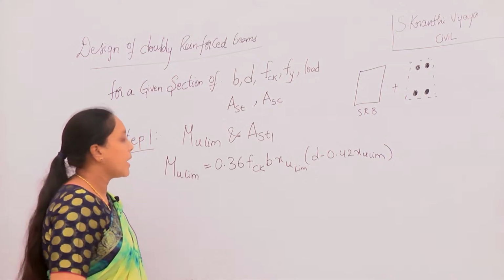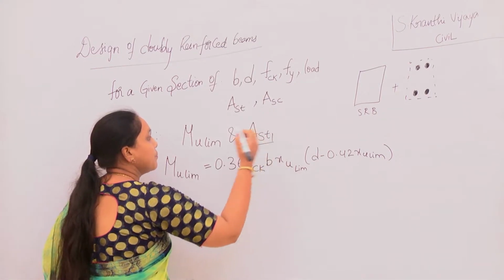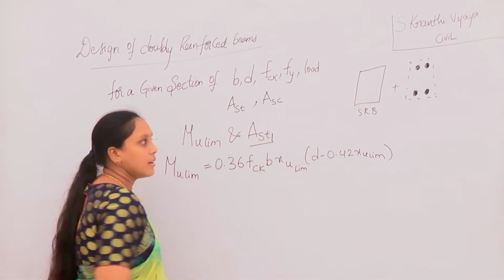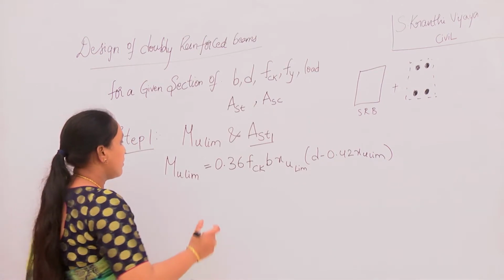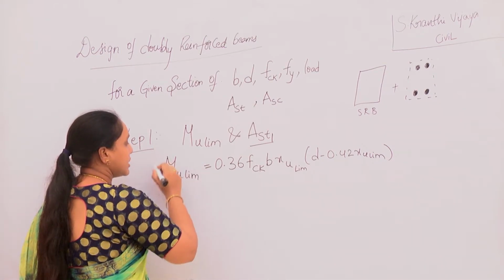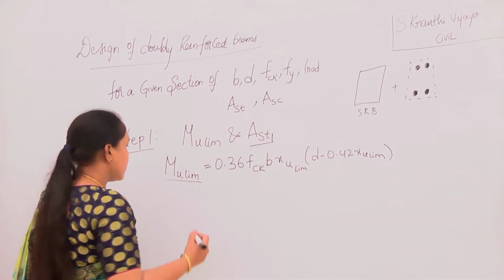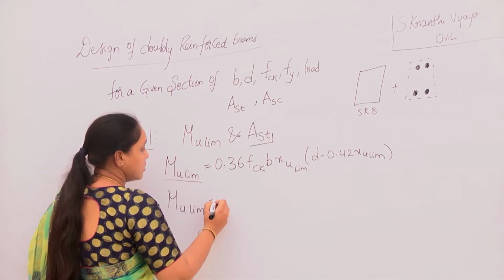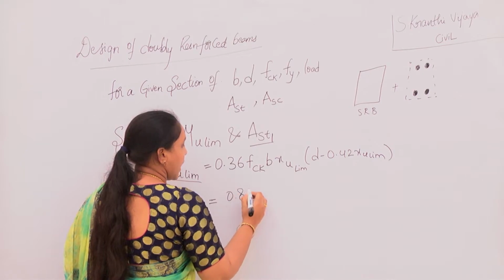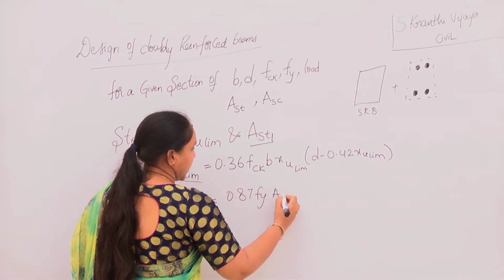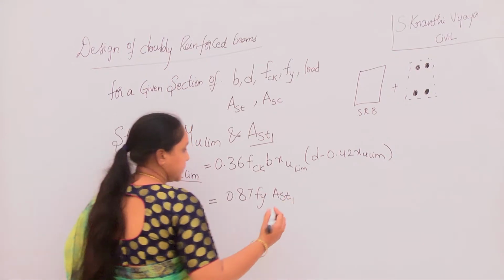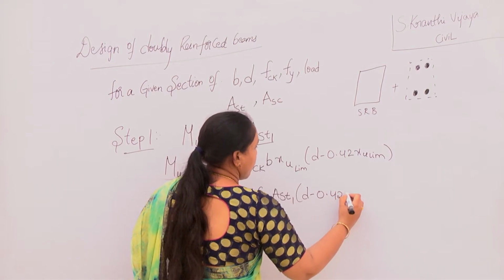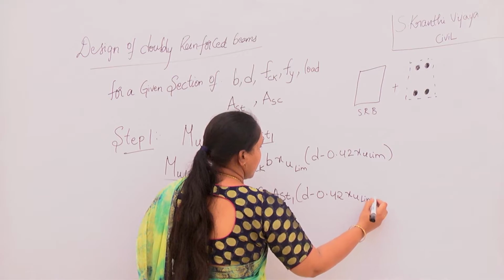Now, what is the other parameter you have to find out? You have to find out the area of steel reinforcement for a singly reinforced beam for resisting this MU limit. How can you find it out? By using the equation MU limit with respect to steel as 0.87 Fy into AST1 into D minus 0.42 XU limit.